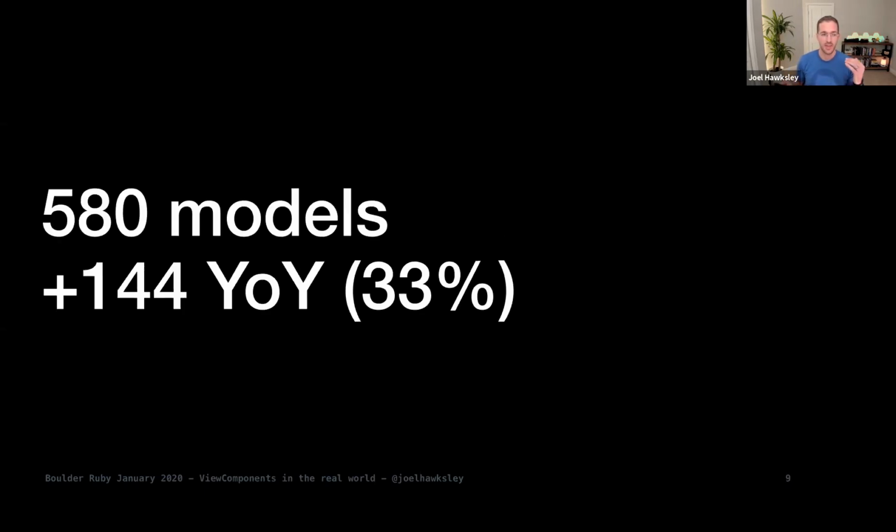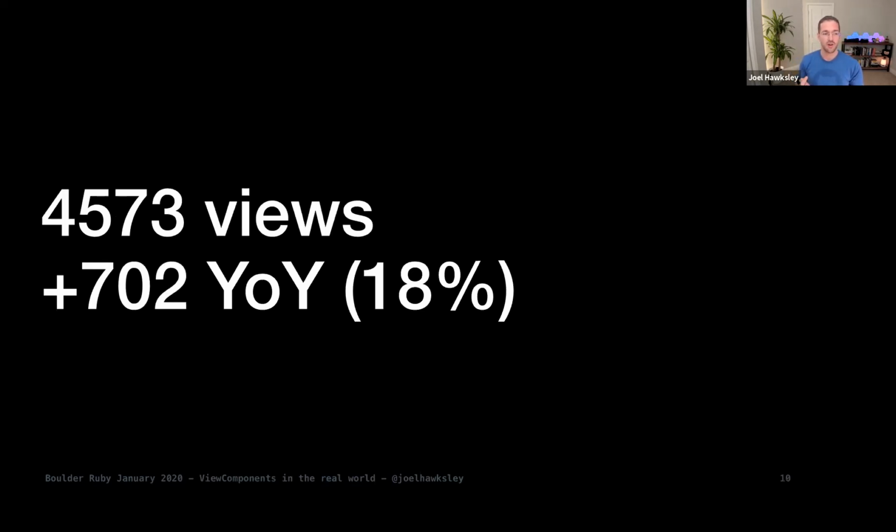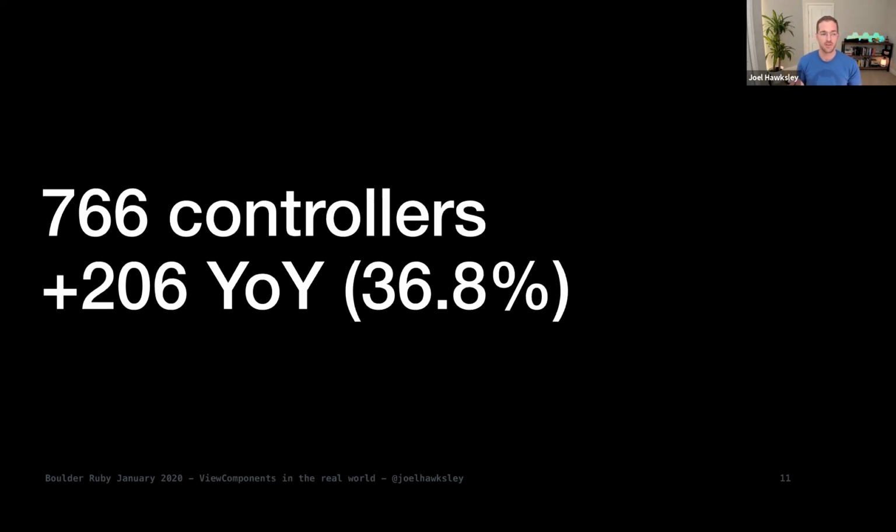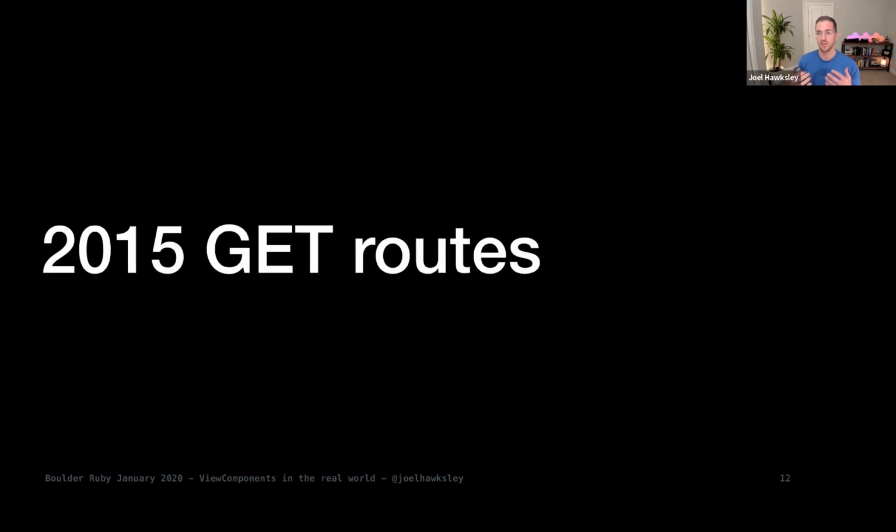To give you an idea, we have 580 models, and we've added 144 of those in the past year. We have over 4,500 views, and we've added 700 in the past year. We have almost 800 controllers. We've added over 200 of those in the past year. And what really matters to our team is that we have over 2,000 screens in the application, at least if you look at the routes file.